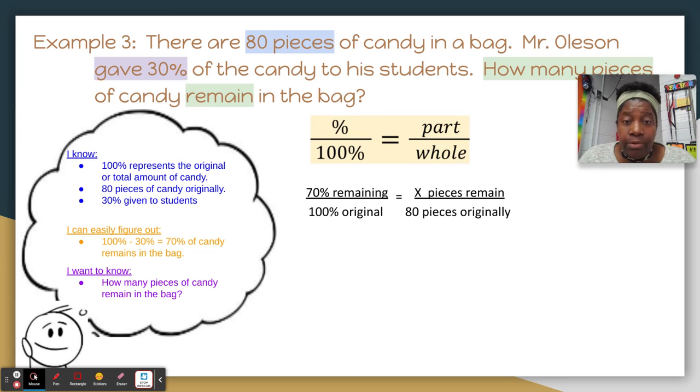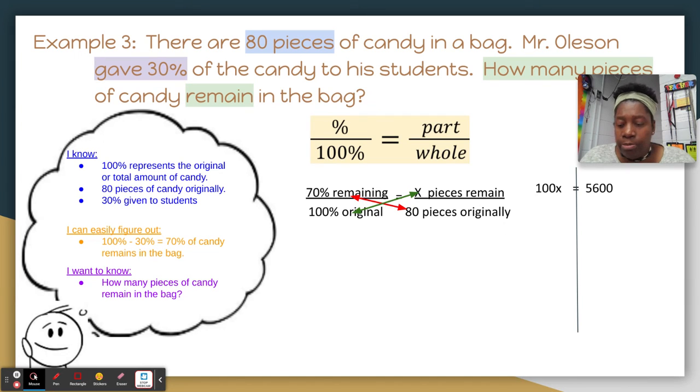To solve this, I'm going to use cross products. So I'm doing this kind of backwards. I know 100 times x is 100x. And I know 70 times 80 is 5,600. So I have an equation over here that says 100x equals 5,600. Well, I want to get that x by itself. Right now it's being multiplied by 100.